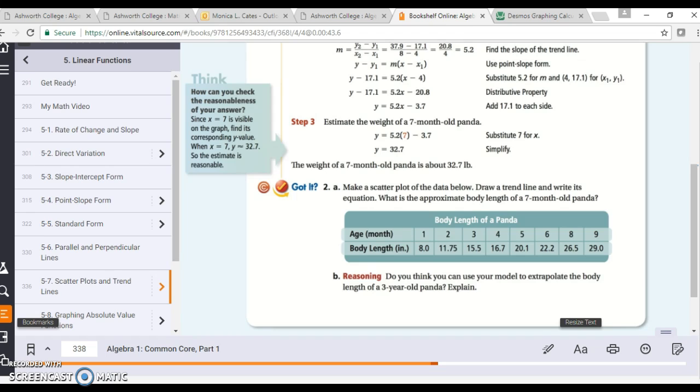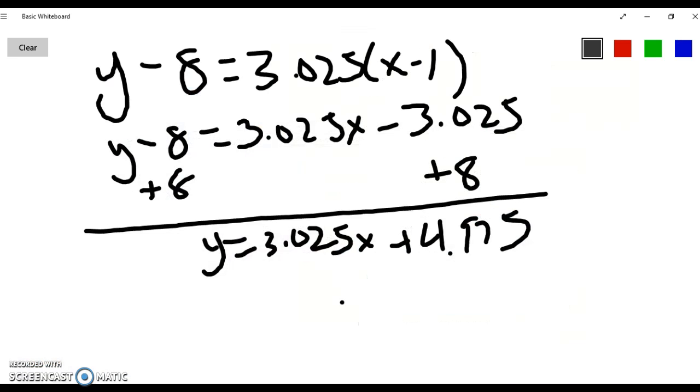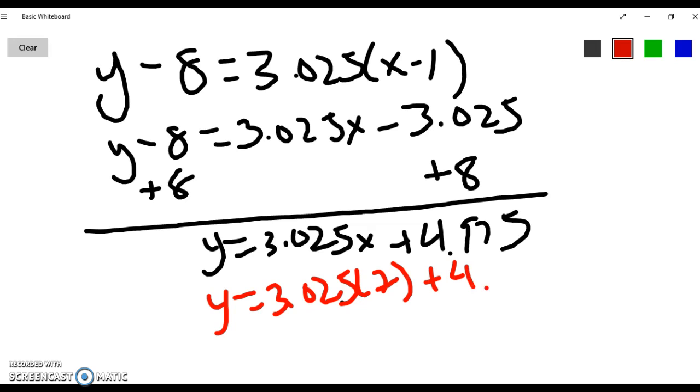What is the approximate body length of a 7-month-old panda? So I'm going to plug it in. x is 7, right? So that's going to give me y equals 3.025 times 7 plus 4.975. Alright.